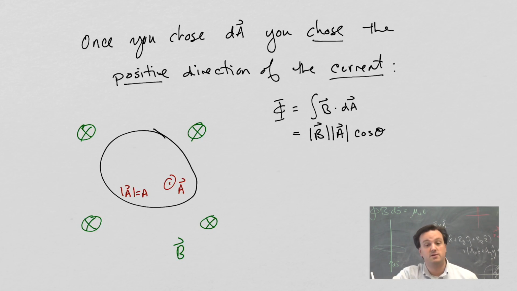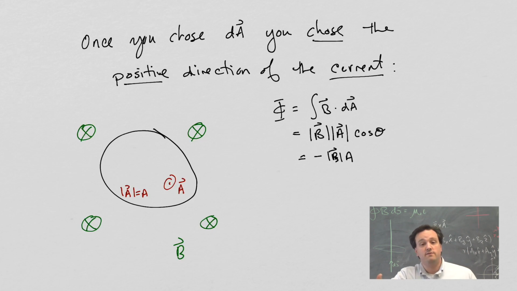This theta here is our standard definition of theta when I'm doing a dot product, the angle between the two vectors. And so in this example, the angle between the two vectors is 180 degrees, meaning that the cosine of 180 degrees is -1, and I'm left with minus the magnitude of the magnetic field times the area of the loop, A. And now this number is negative.